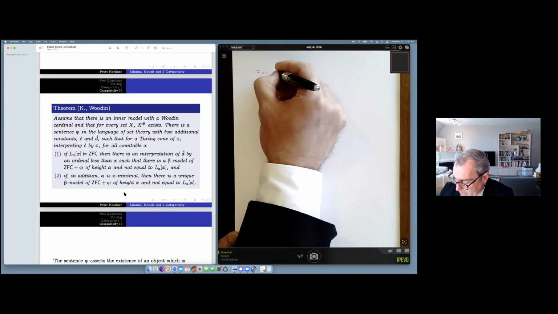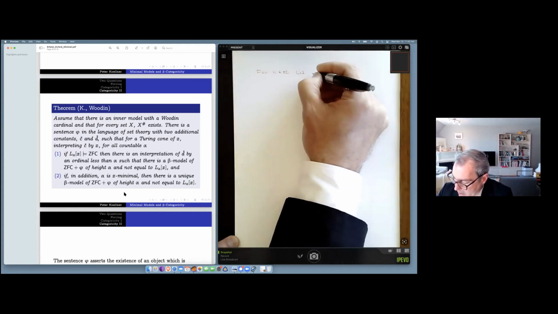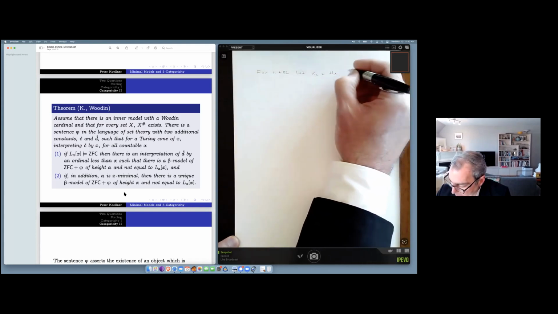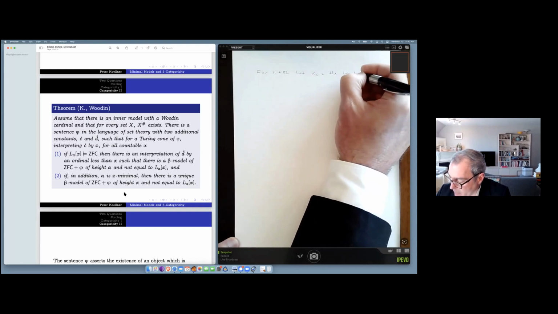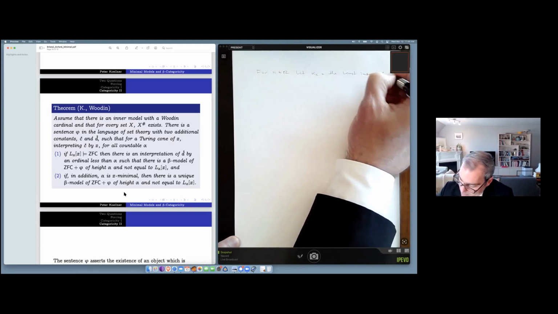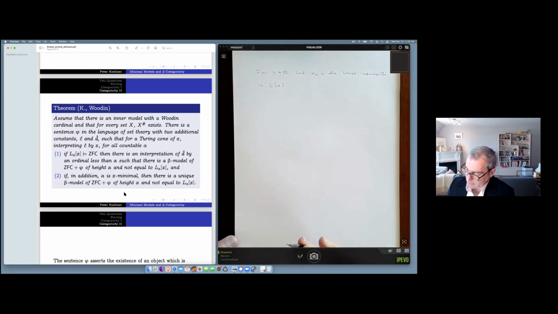For X a real, let kappa of X equal the least inaccessible in L of X. And we have that just because we've got sharps.